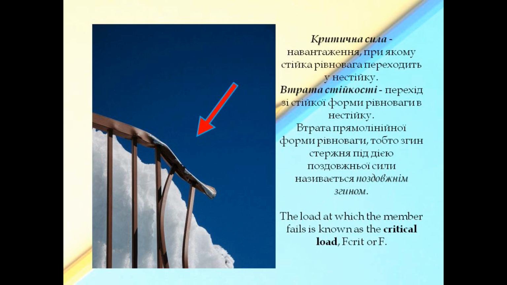Buckling may occur at stress values lower than the yield stress, and it is a function of material stiffness and slenderness rather than strength. The load at which a column begins to buckle is the critical buckling load.